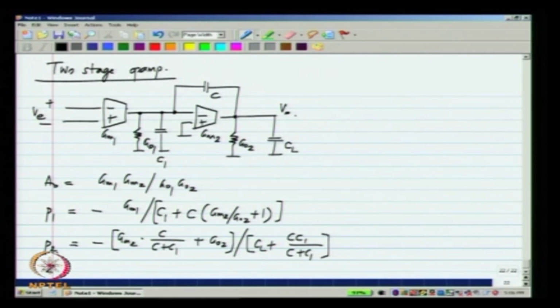And the zero is in the right half plane at GM2 divided by C.